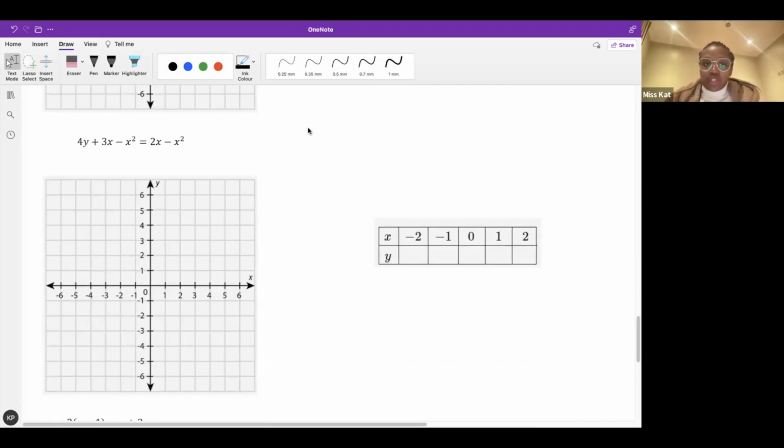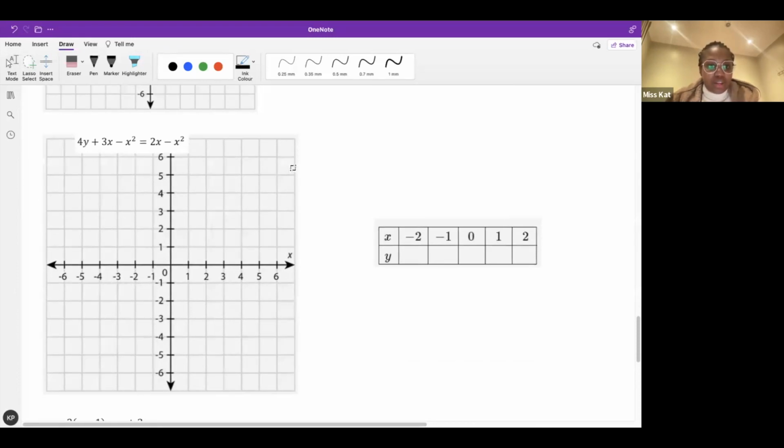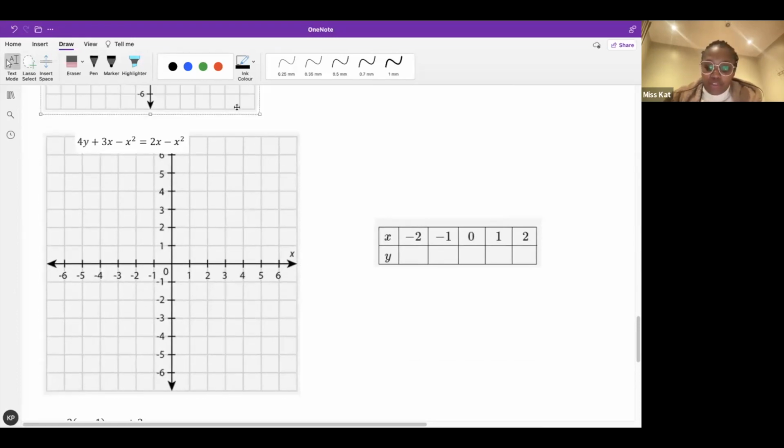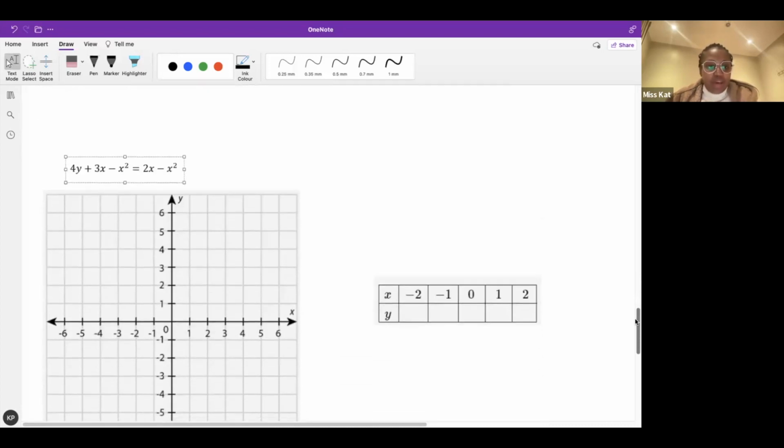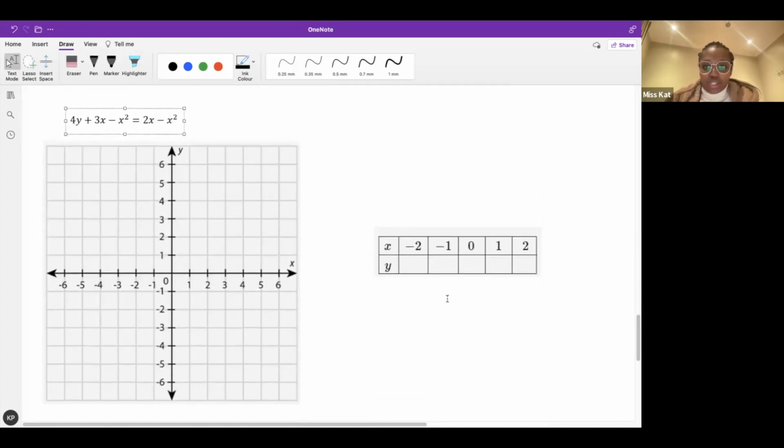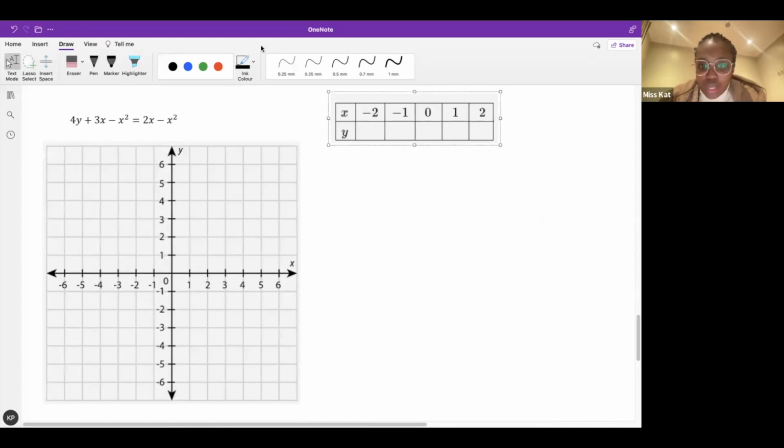Okay, guys. So here's my formula. Remember, we need it in standard form. First things first, we need to put it in standard form.